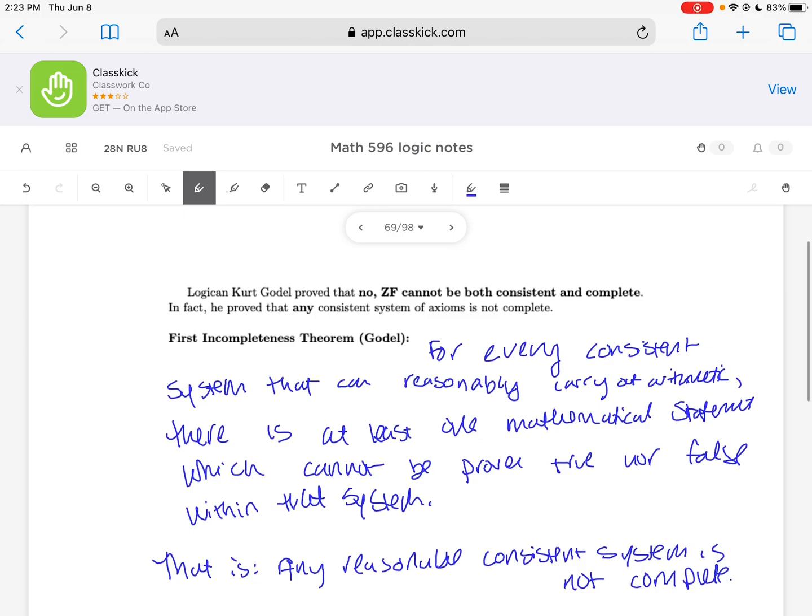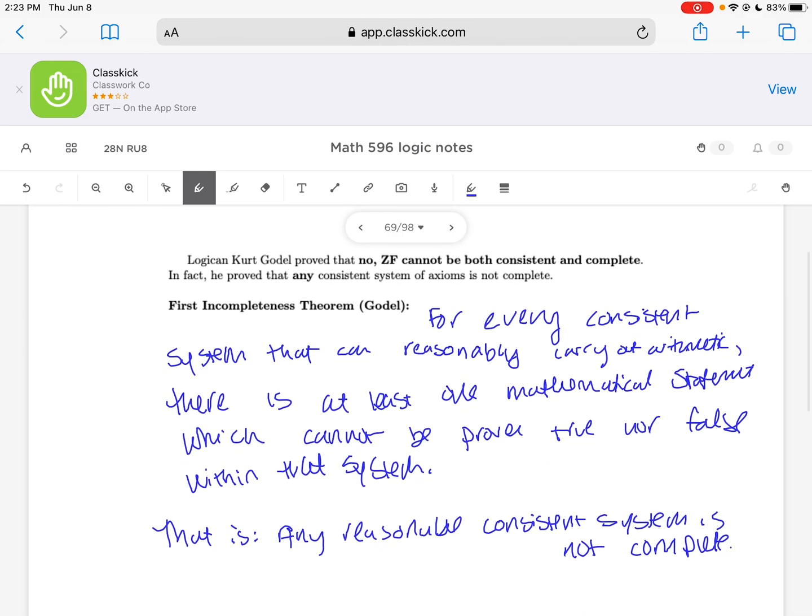It seems a little unassuming when you just state it like this, but this was a huge bombshell proof of its time, and its time was less than 100 years ago. This happened relatively recently in the history of mathematics. Mathematicians and logicians had been working for centuries to try and determine some sort of theory of everything, some axiomatic system which was able to either prove or disprove every mathematical statement.